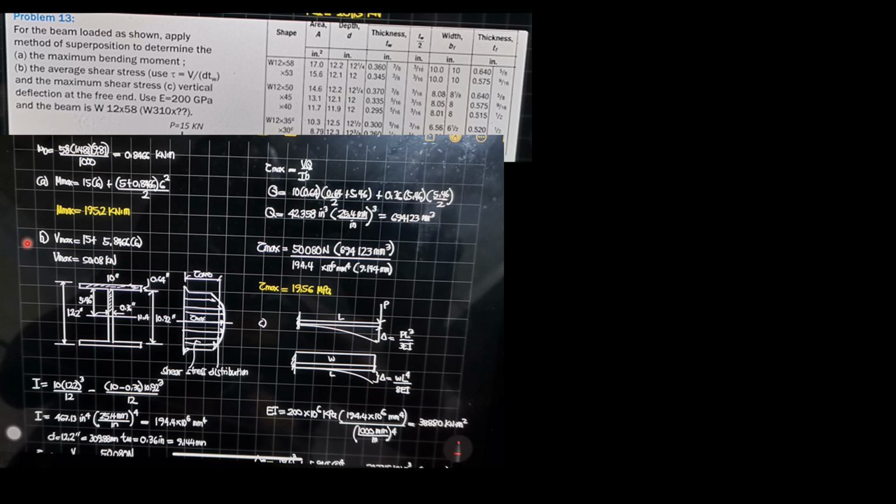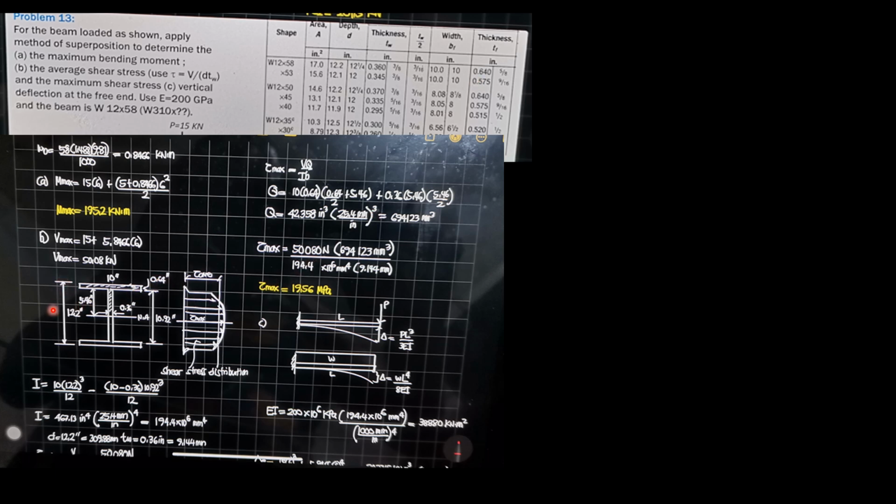Since we need to compute or know the geometric properties of this wide flange section, especially the moment of inertia and area for the calculations of Q. So we have here the wide flange, where BF is 10 inches. The thickness of the flange is 0.64 inch.